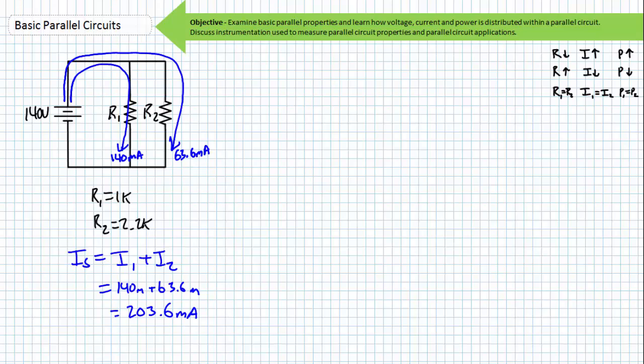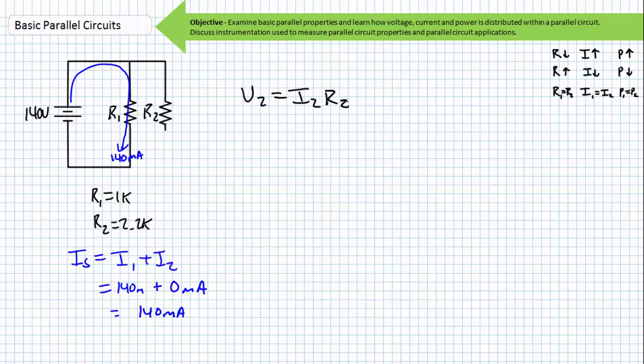If the 2.2 kilo ohm resistor was to lose connection with our parallel circuit, current through it would cease. And without current flowing through it, there would be no voltage drop across it via Ohm's law. V2 equals I2 times R2. 0 amps times 2.2 kilo ohms yields a 0 volt drop.